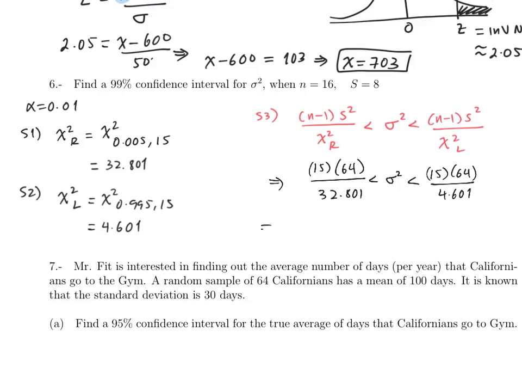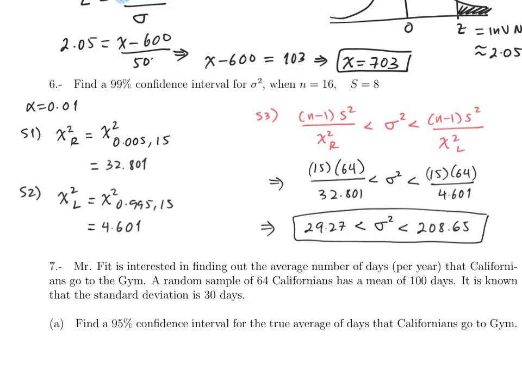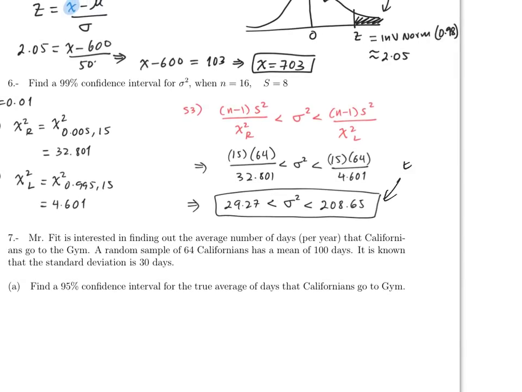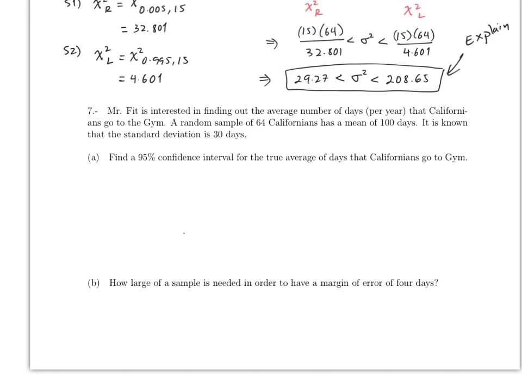Now you simplify this and round the answer to two decimal places, you end up with 29.27 less than sigma squared less than 208.65. And this is the interval for sigma squared. Then you still have to explain this, which just means that you are 99% confident that the variance is between these two values.